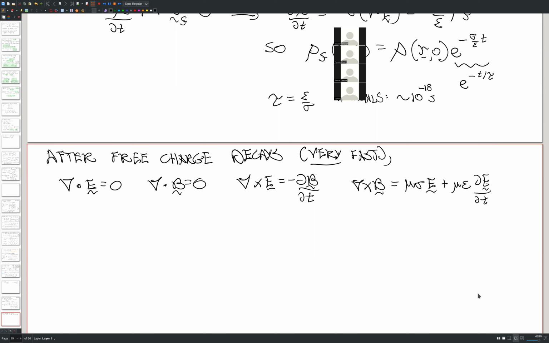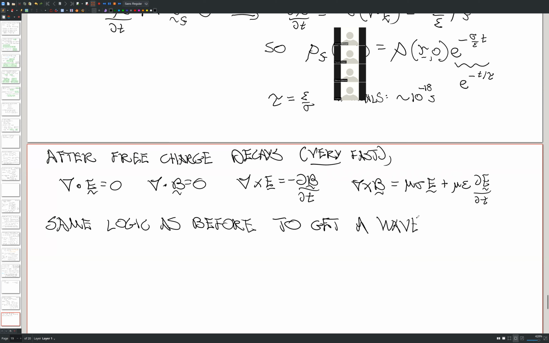Right? So the point is that the same logic as before applies to get a wave equation. So I remind you what we did. What we did is we took the curl of the fourth equation.